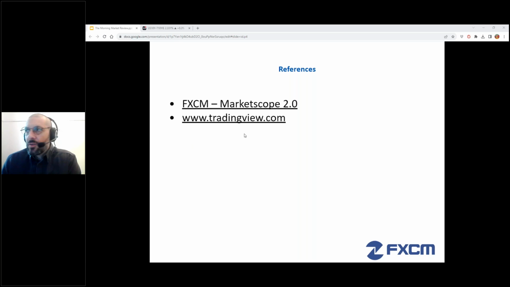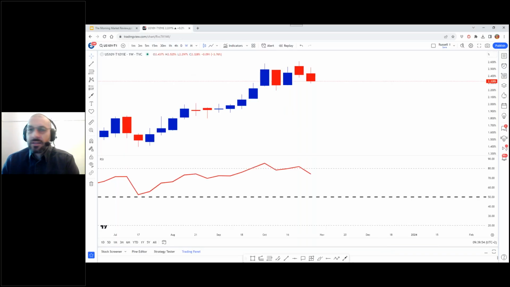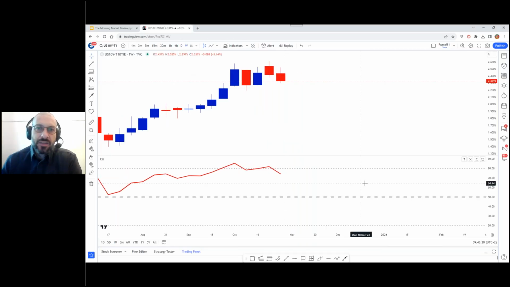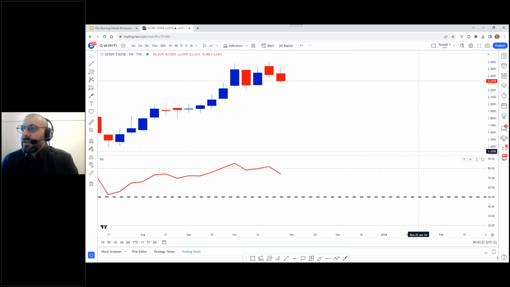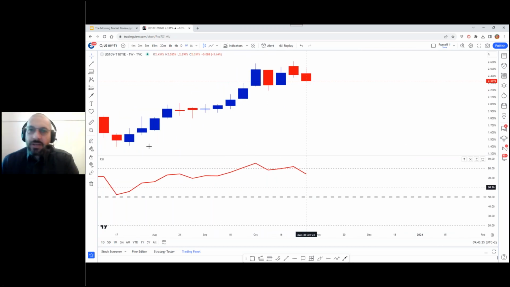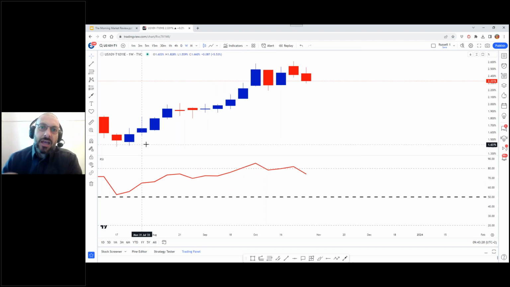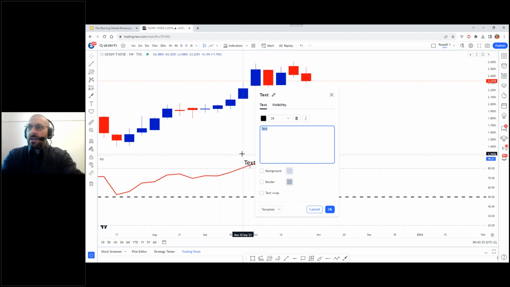All right, let's go through to TradingView.com. Let's just do some analysis on the real yield. I think there's some information for us there. What we've been looking at is the failure swing. The failure swing is effectively a peak and trough analysis of the RSI. So what we had here was the peak.